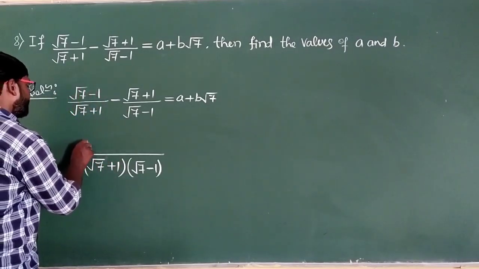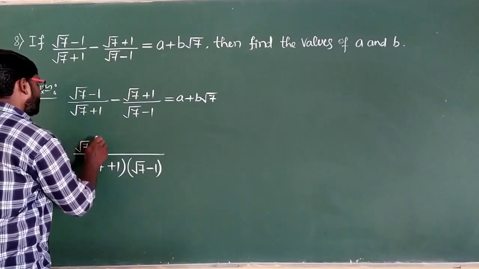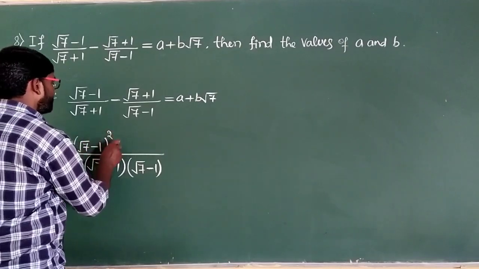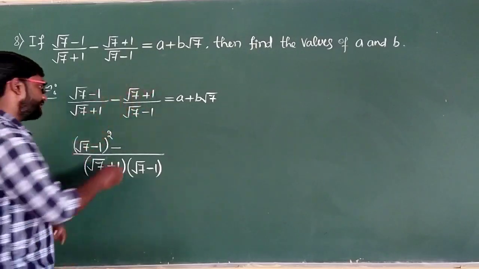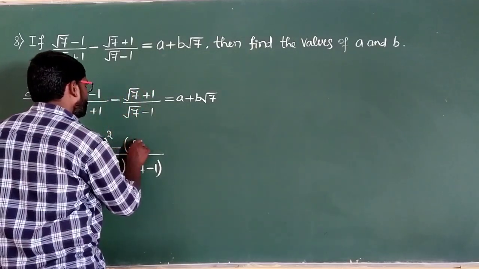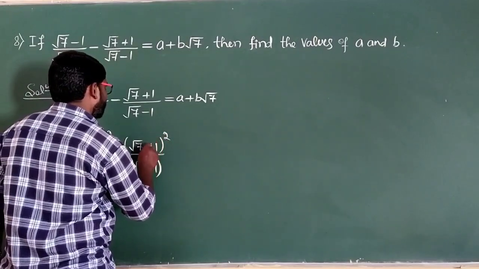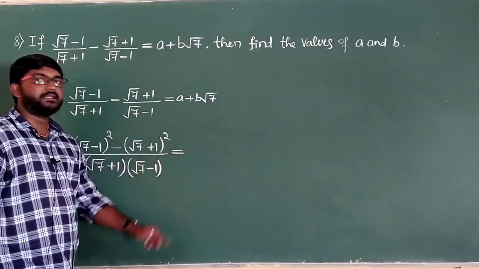We get root 7 minus 1 the whole square. Then I write minus as it is. Then root 7 plus 1 into root 7 plus 1 will be root 7 plus 1 the whole square, which is equal to, I write the RHS as it is.